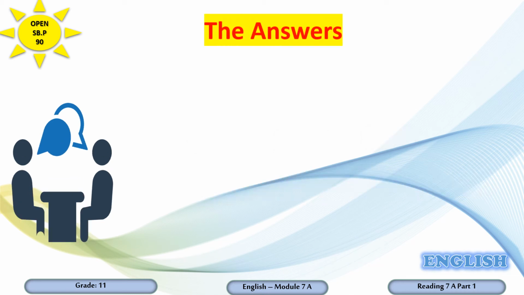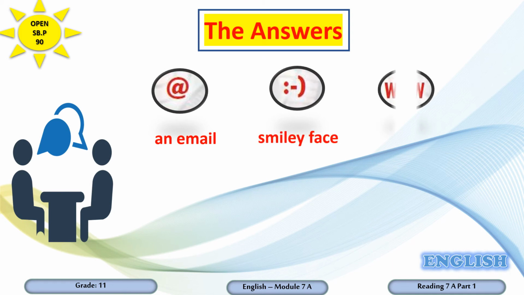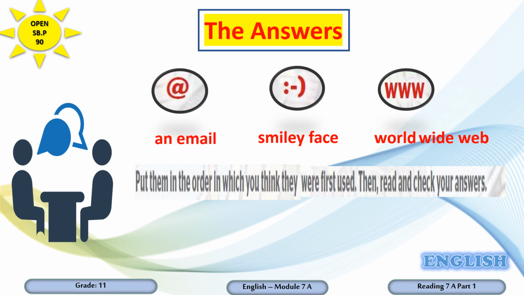Okay, now let's check the answers of the question. This symbol is for an email. The second icon is for the smiley face. The third one, or the three W's, is for the World Wide Web. Excellent. And what about the order they were first used?